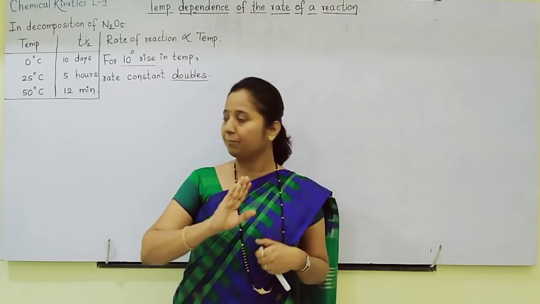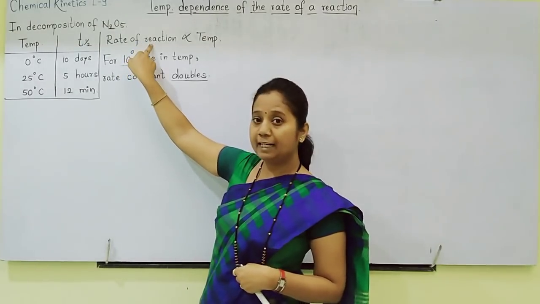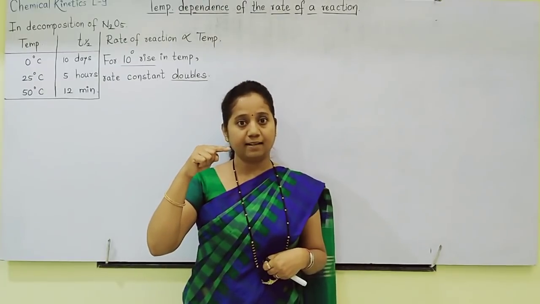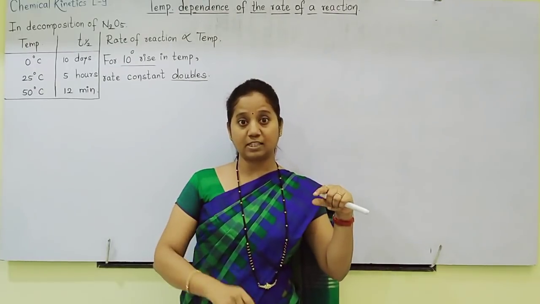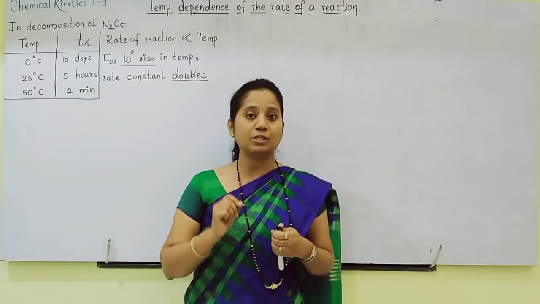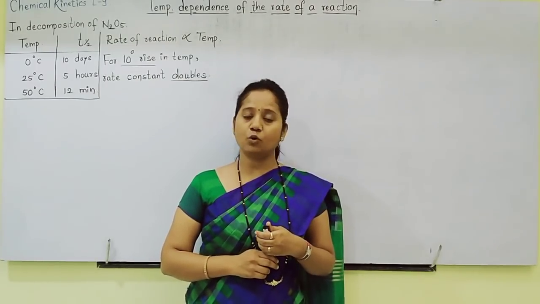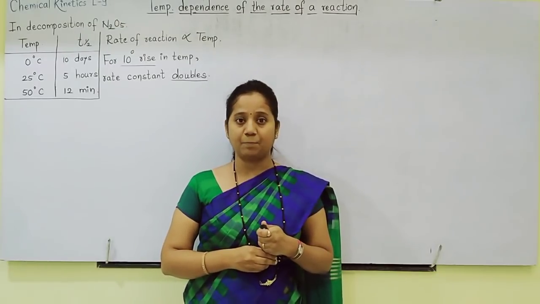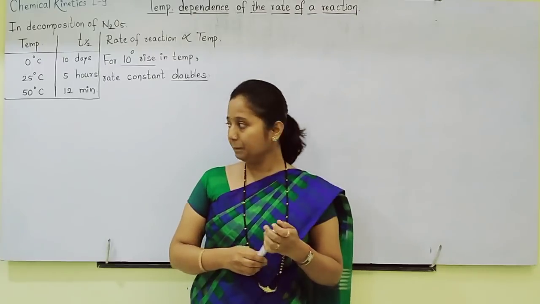Try to understand the topic. It is a simple topic. Rate of reaction is directly proportional to temperature. If we increase temperature by 10 degrees, the rate constant is going to become double. And this is expressed using the term temperature coefficient. So students, let us understand what is temperature coefficient.